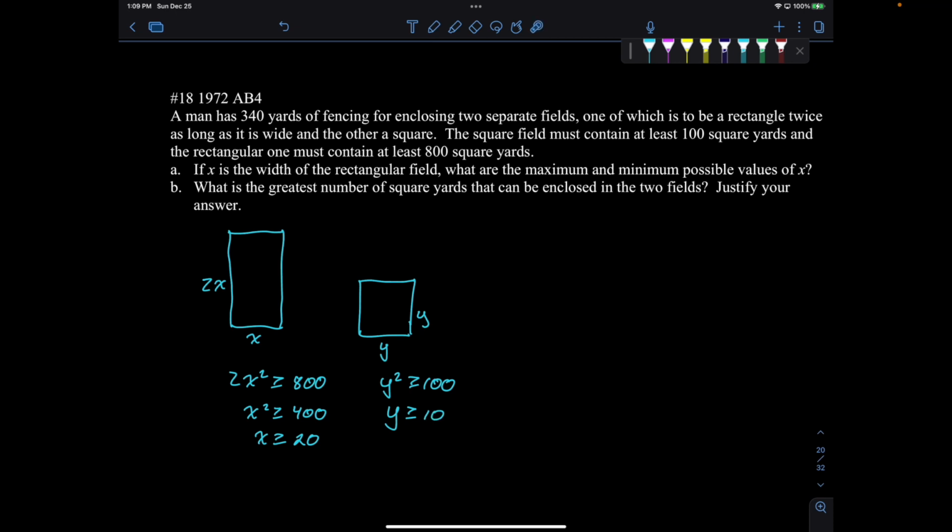Well, we need something that connects y and x, and it's got to be the perimeter, right? So the perimeter of this is going to be x, and then 2x and 2x. So that's 6x's. 6x plus 4y for the perimeter of the square has to equal 340.